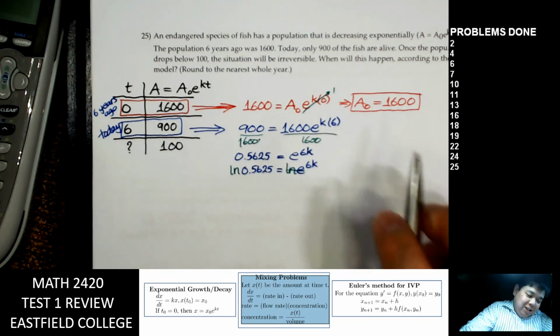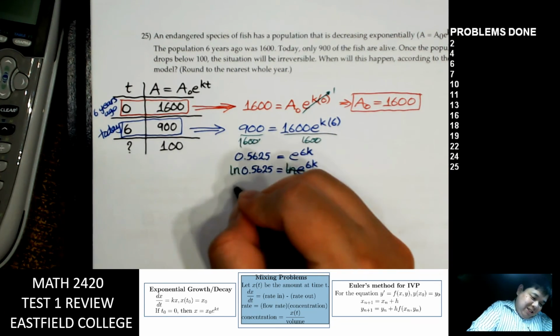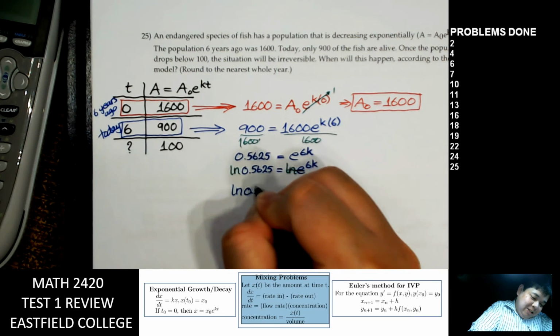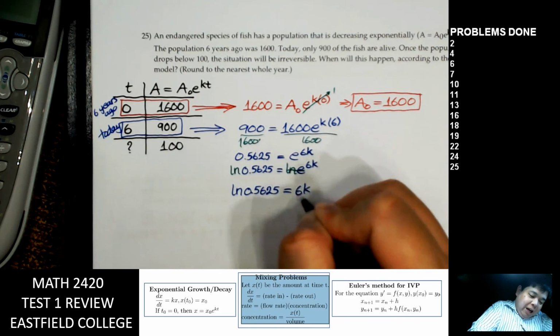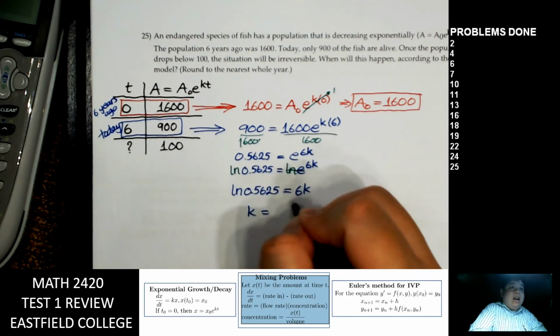And then we solve for k, and so we take that divided by 6.